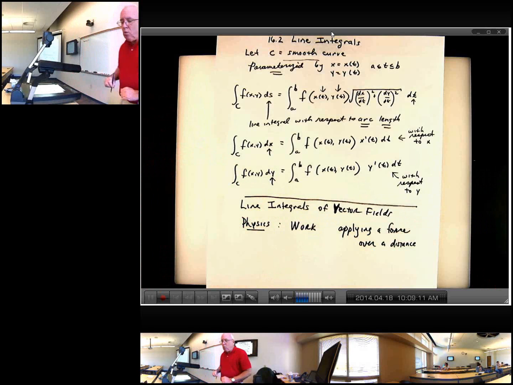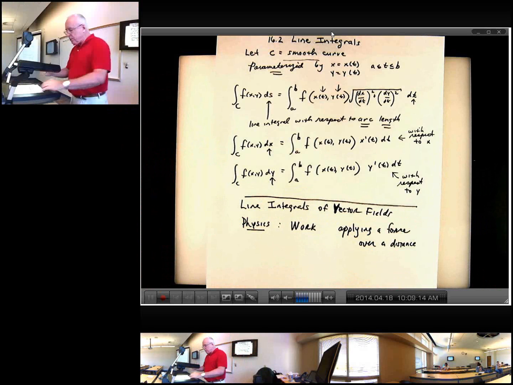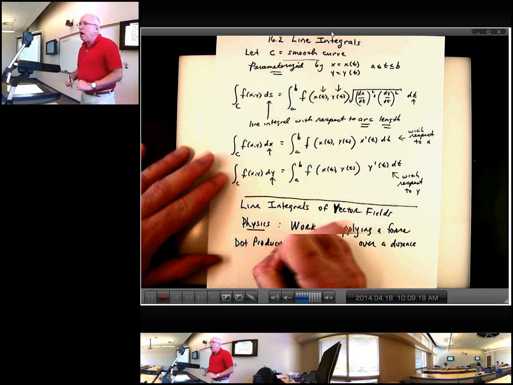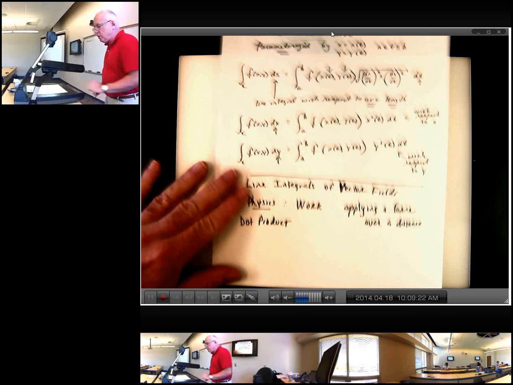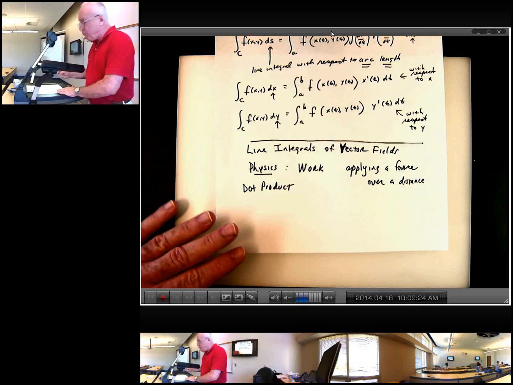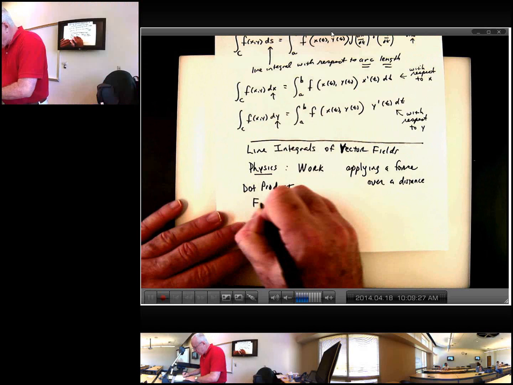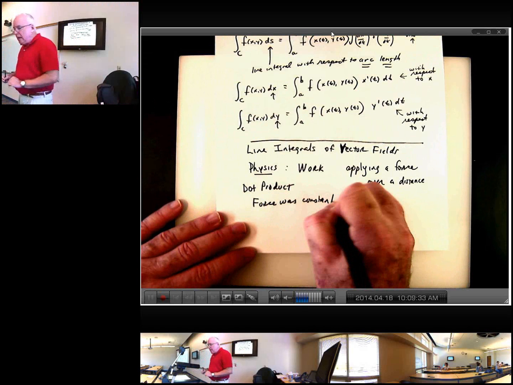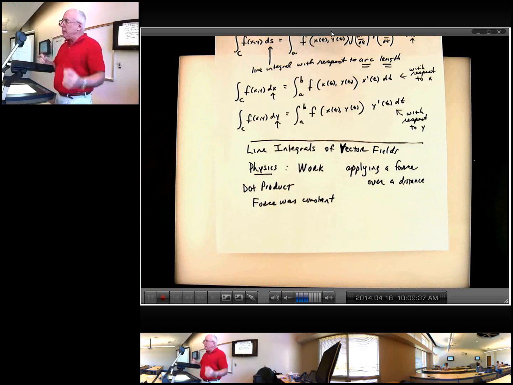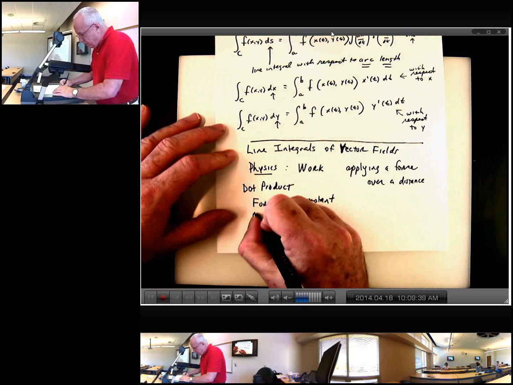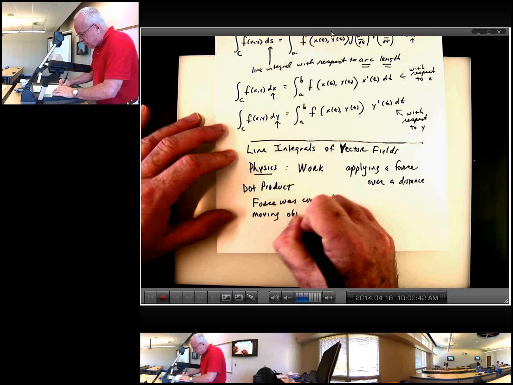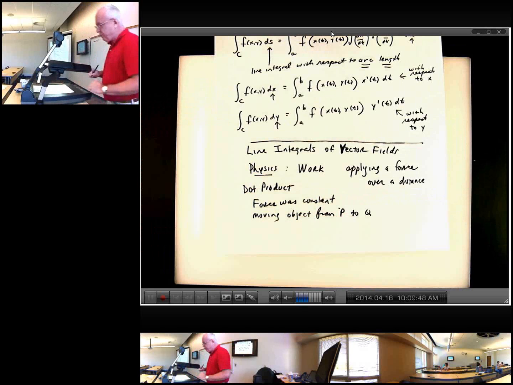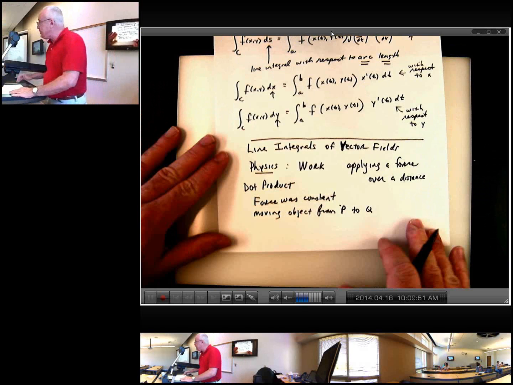Now, what we had looked at previously, when we were studying the dot product, was a constant force. The force was constant, and we were moving an object from point P to point Q. And we had this formula for the work.